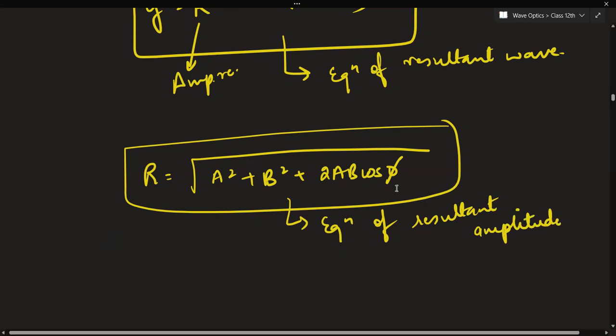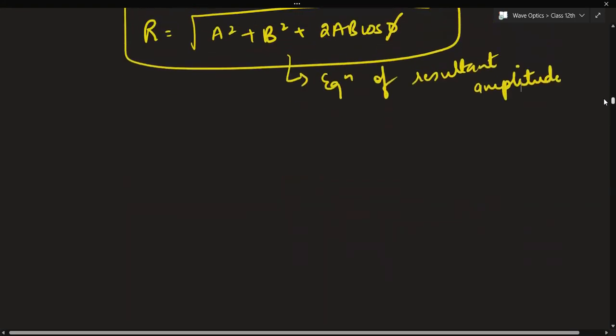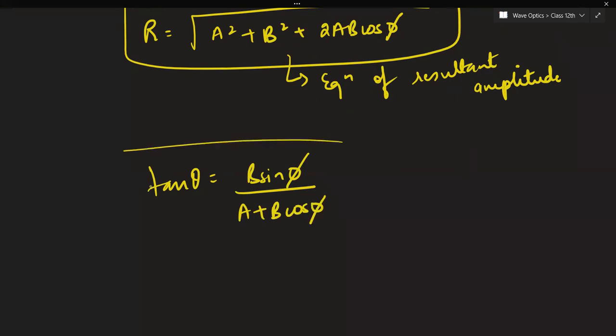And similar to the parallelogram law, if you have to find the direction, it will be given by tan theta equals B sin phi by A plus B cos phi. Fine, this is for the direction.